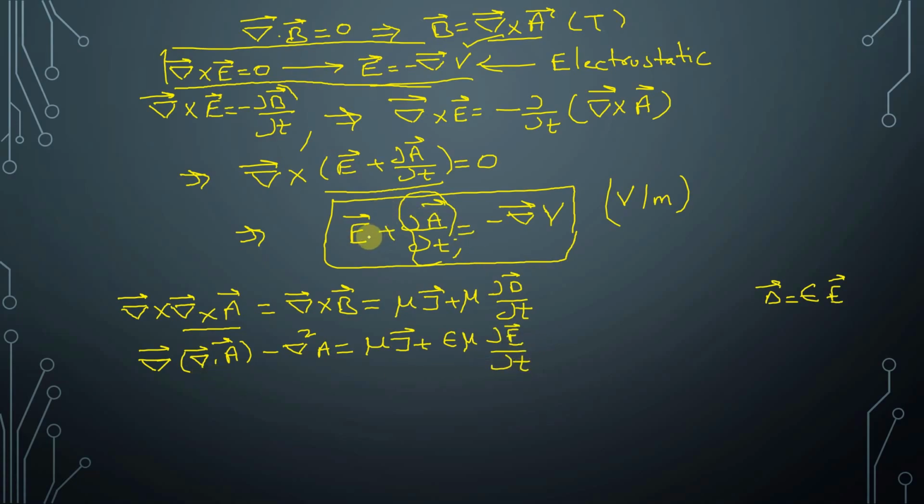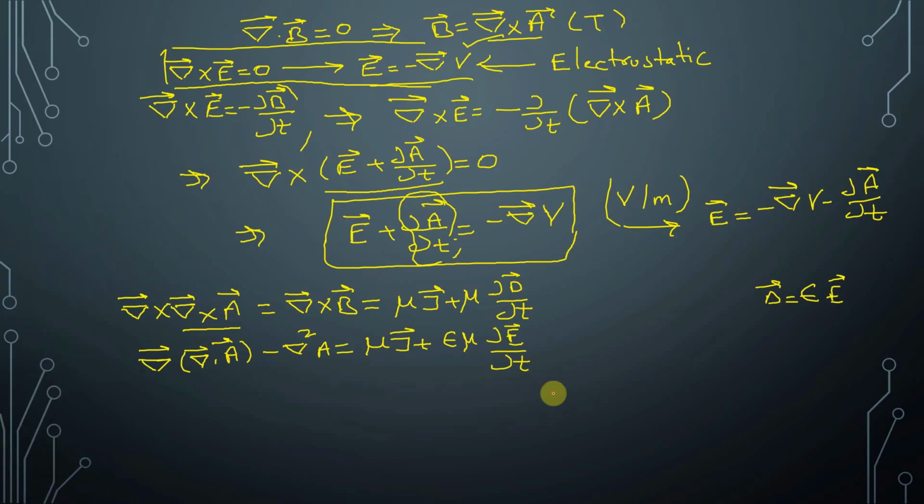We have the value of E: rearranging, E is minus del V minus curl A upon curl T. So put this value here in this equation.